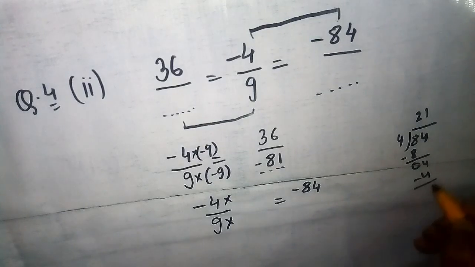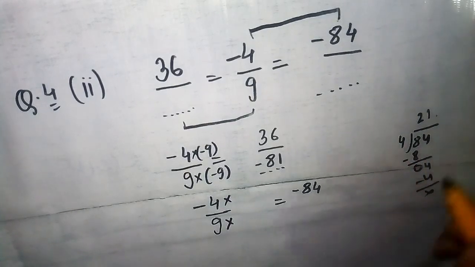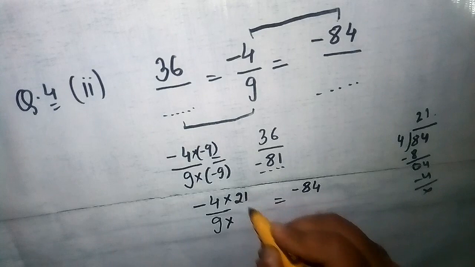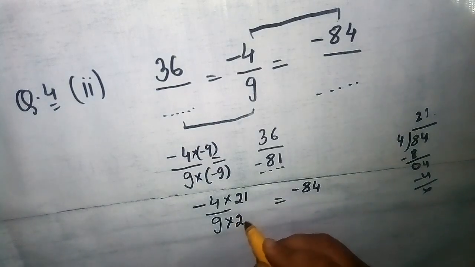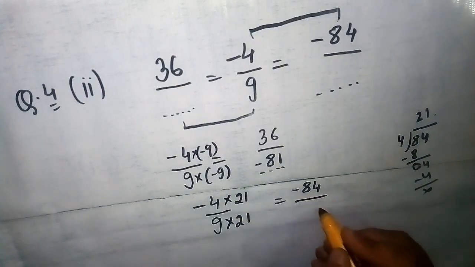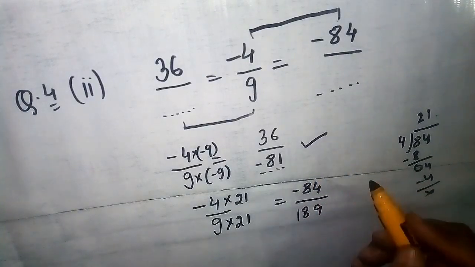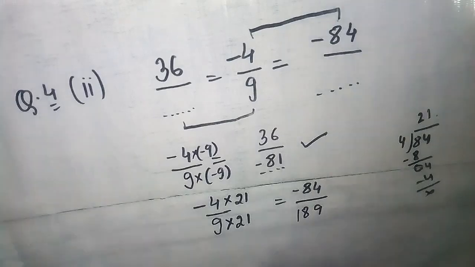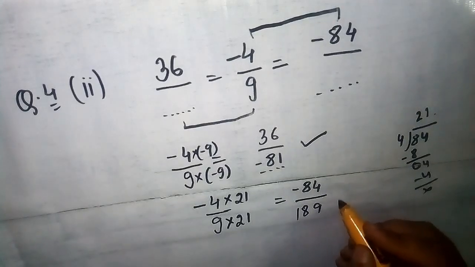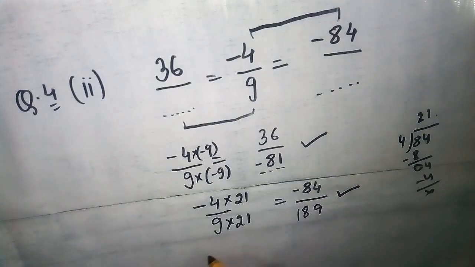So put down 4, 4 ones are 4, so means we have to multiply it by 21. So multiply both numerator and denominator by 21, and 21 nines are 189. So the first blank is minus 81 and the second blank is 189. So that is the required answer.